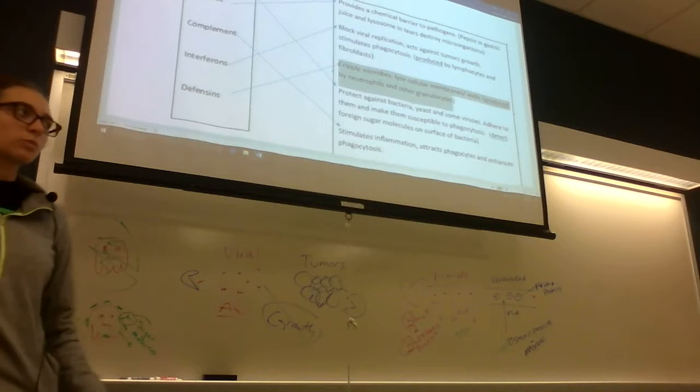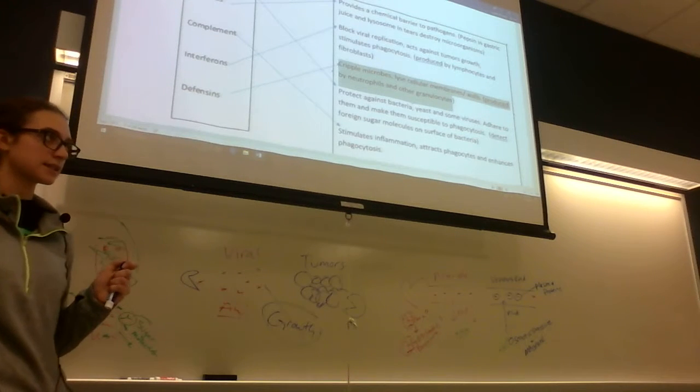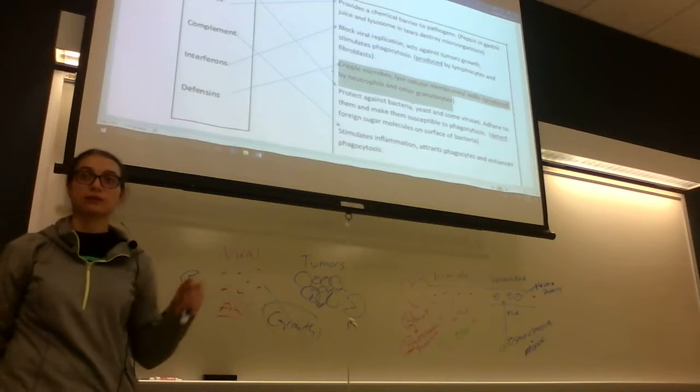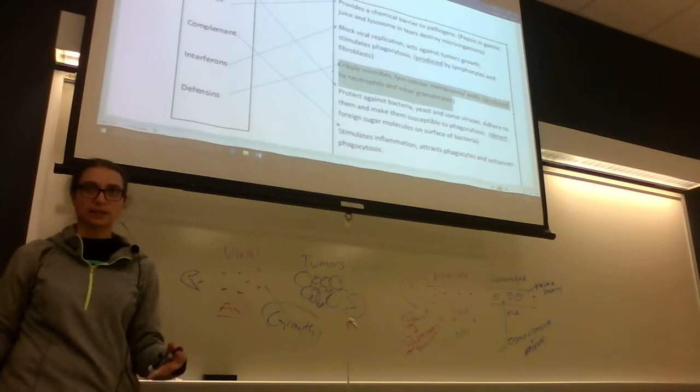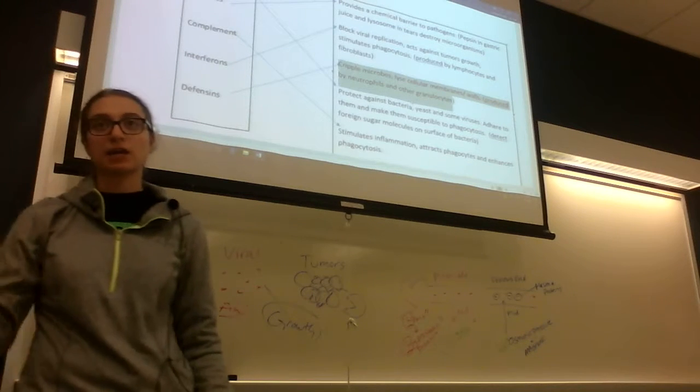Defensins are men with shields, defense, our main defense mechanisms. These are produced by neutrophils and other granulocytes. In the blood system, there's a worksheet with a table of white blood cells, and you learned that there are granulocytes and agranulocytes.